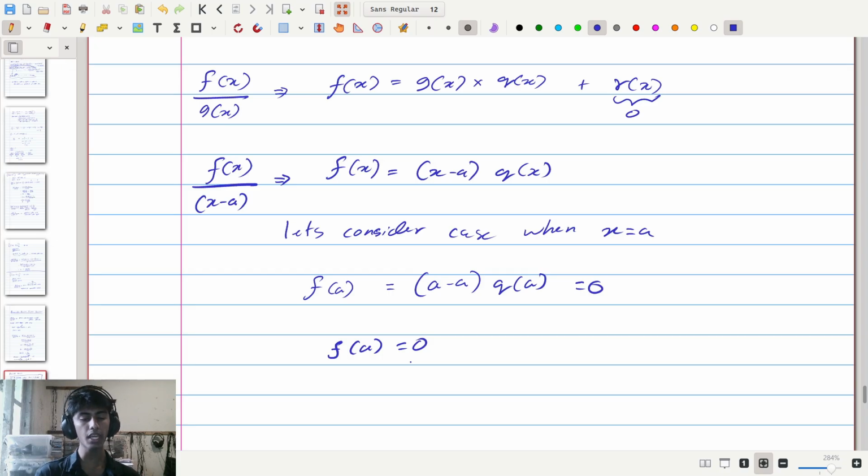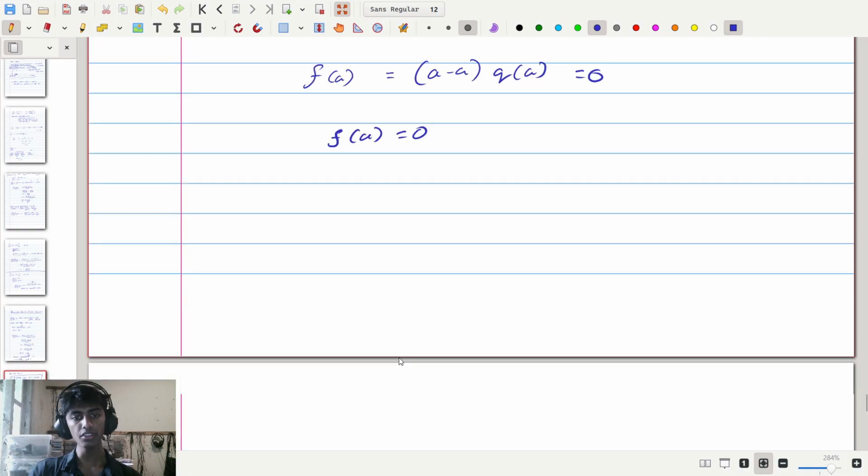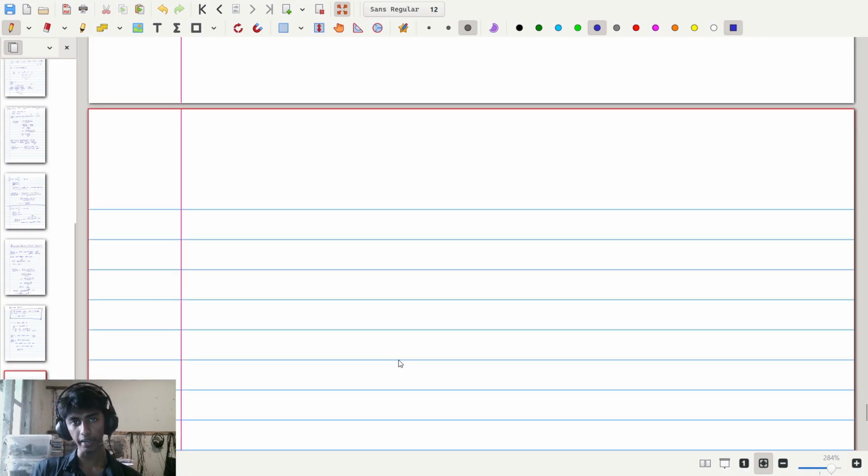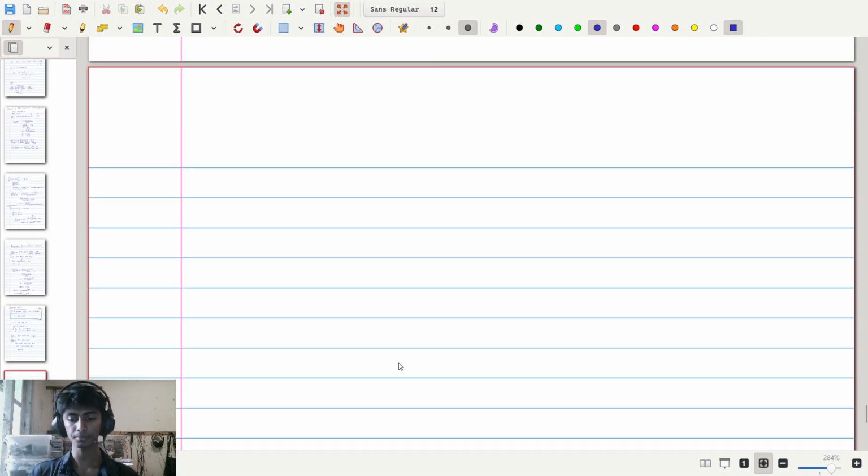Or if we know that x minus a is a factor of f(x), we can say that f(a) is equal to 0. These two are what we know as the factor theorem and the converse of the factor theorem.